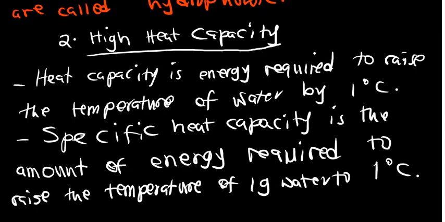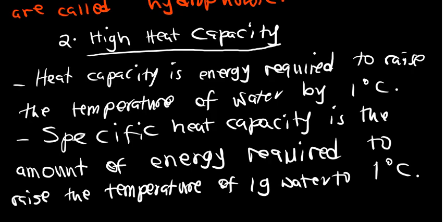So this means that when you heat water, you require the amount of heat that is needed to raise the temperature of 1 gram of water by 1 degree Celsius. That is what we call the specific heat capacity.